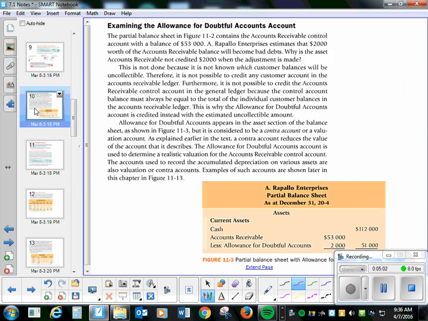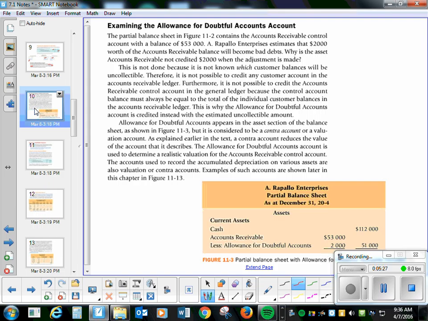The partial balance sheet contains the accounts receivable control account with a balance of $53,000. A. Rapallo Enterprises estimates that $2,000 worth of the accounts receivable balance will become bad debts. Why is this asset receivable not reduced by $2,000 when the adjustment is made? This is not done because it is not known which customer will be uncollectible.